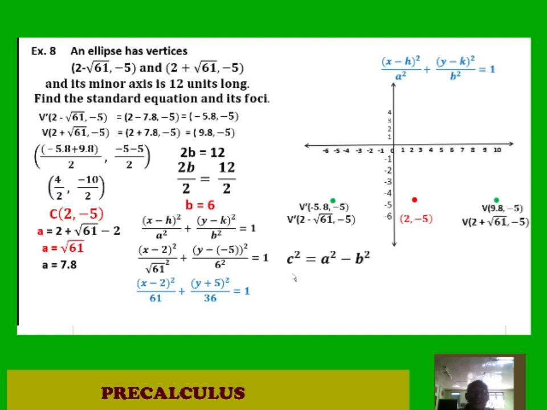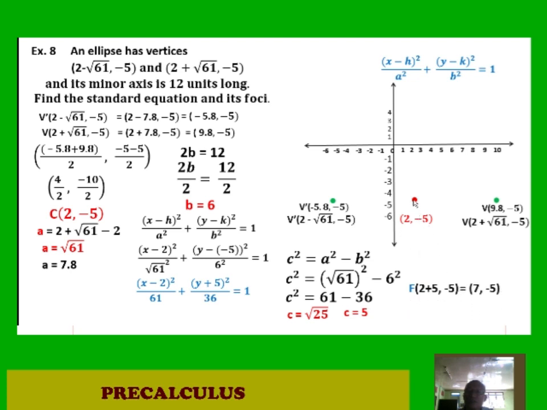Okay, let us determine c. c squared is equal to a squared minus b squared. So substitute a and b. Then simplify, c is equal to 5. So we can determine now the foci.